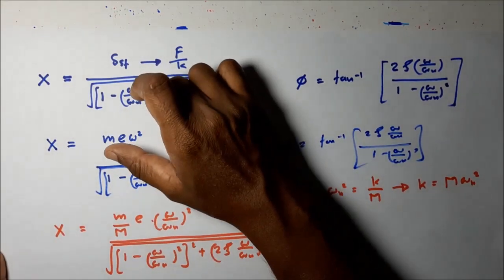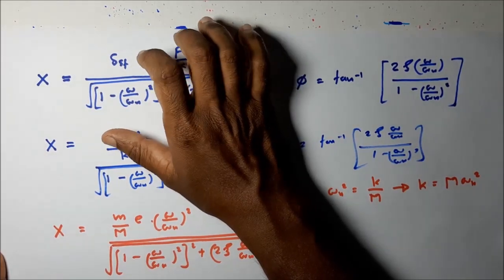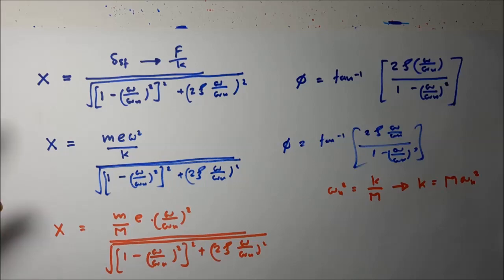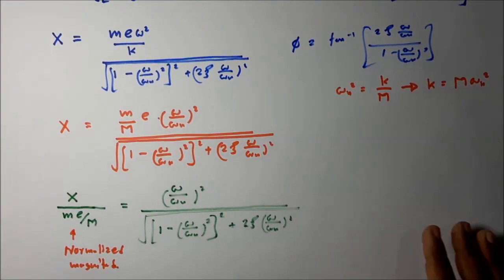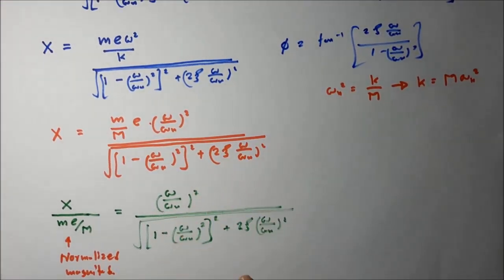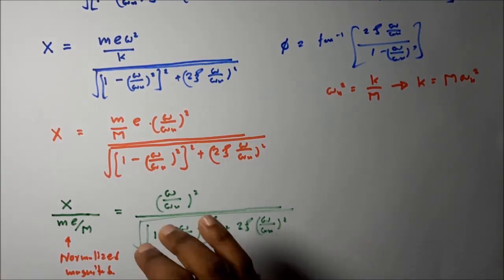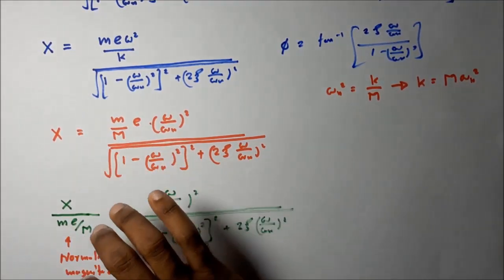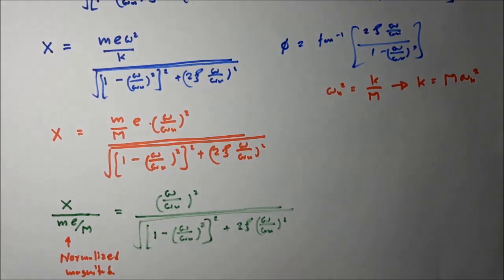There, the numerator did not have the frequency ratio, but in this situation the numerator also has a frequency ratio term. Let's see how this normalized magnitude varies with the frequency ratio.